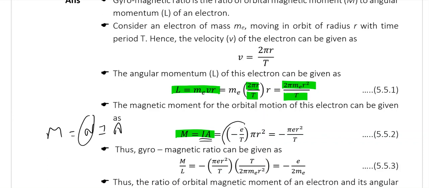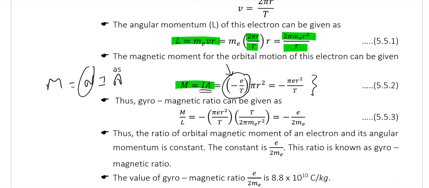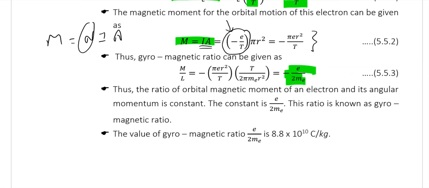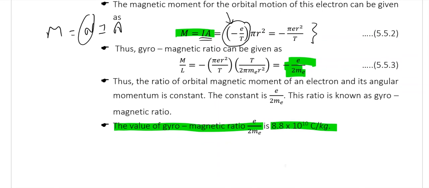Current. Current is charge by time. Negative sign because we are talking about negative charge, and this is what we get. Take the ratio and you have e by 2m with a negative sign, and this is the value. Might be asked in MCQ. This ratio is known as gyromagnetic ratio.